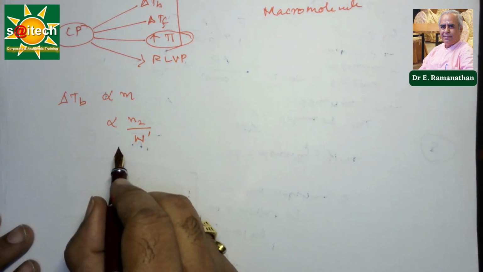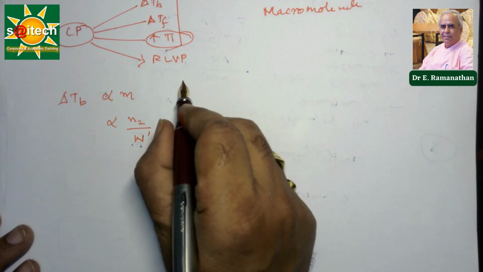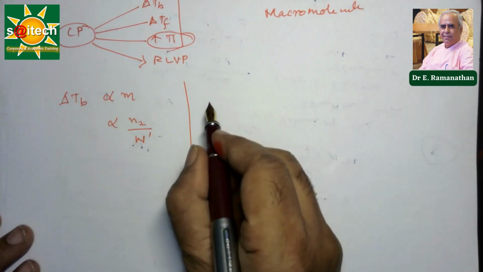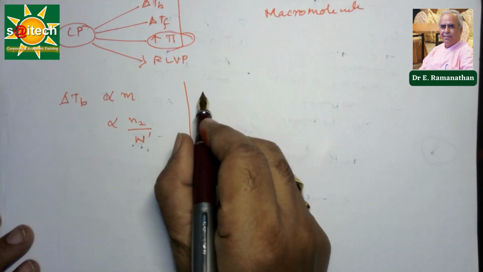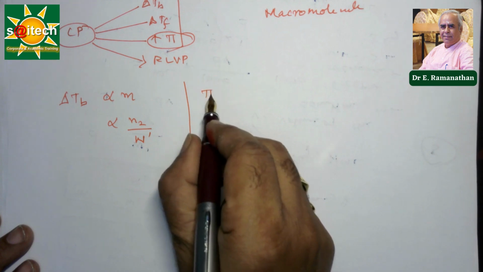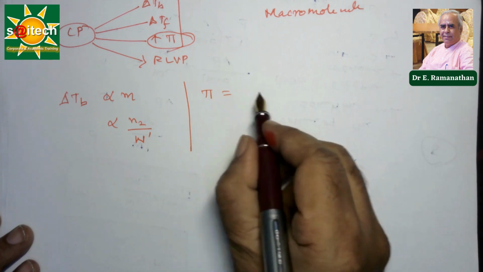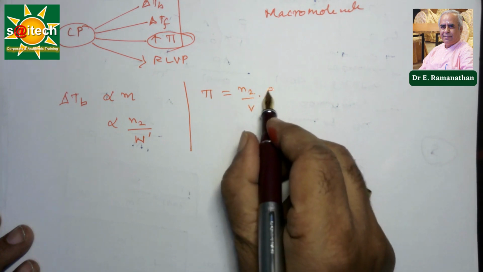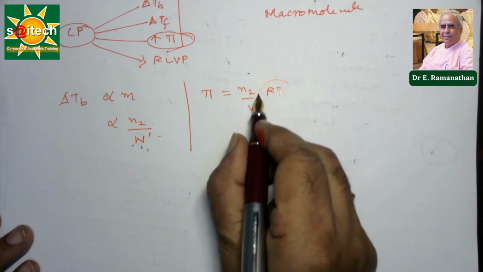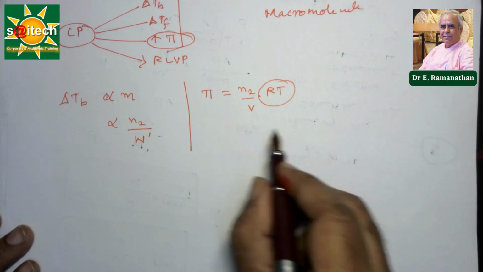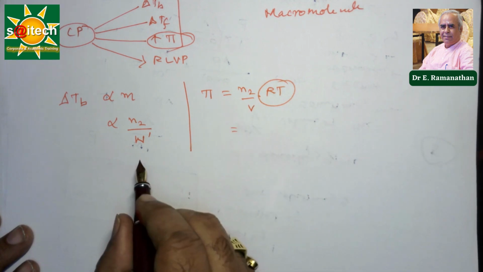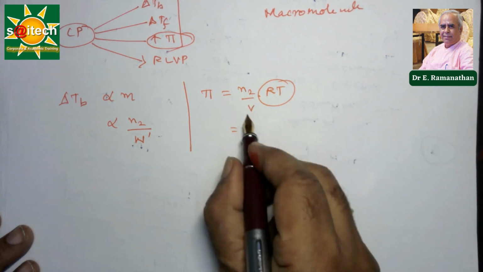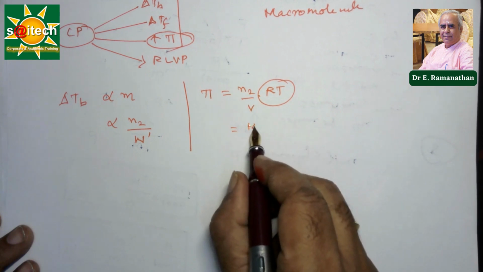Now, in the case of osmotic pressure, pi is equal to n2 divided by V into RT. Let me consider R and T constant. So in that case, it is proportional to the molarity. Am I right?